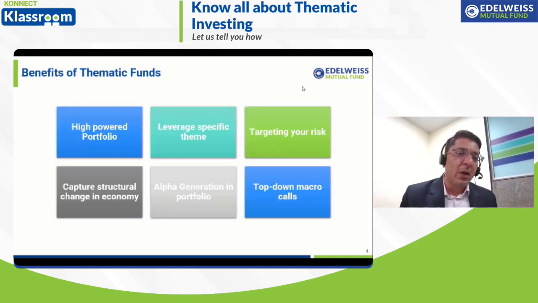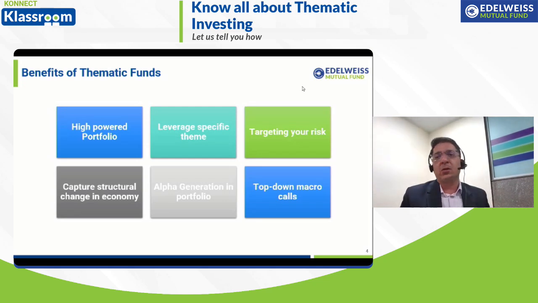What are the benefits? It is a high-powered portfolio, leveraging that specific theme. So all your entire resources, in terms of the thematic fund, are spent on creating that portfolio which leverages that theme.